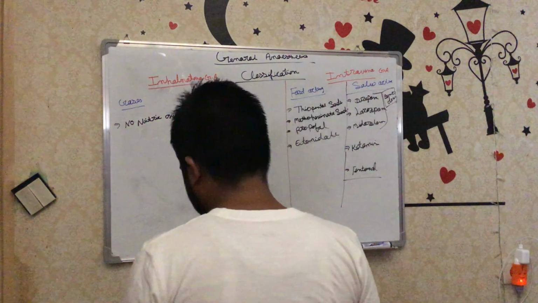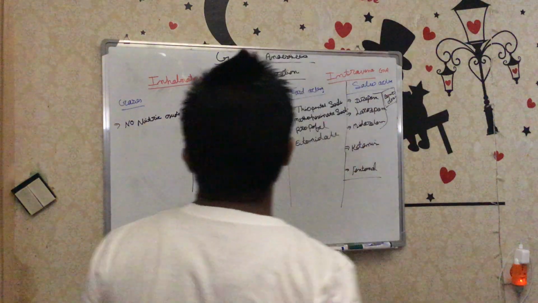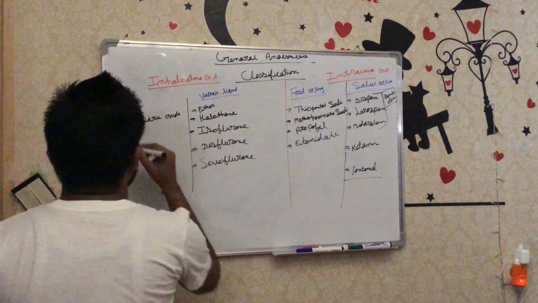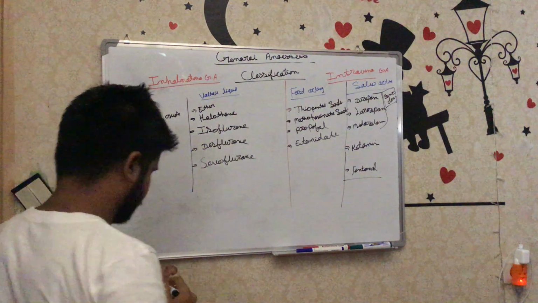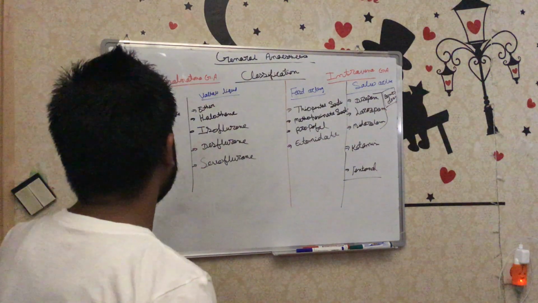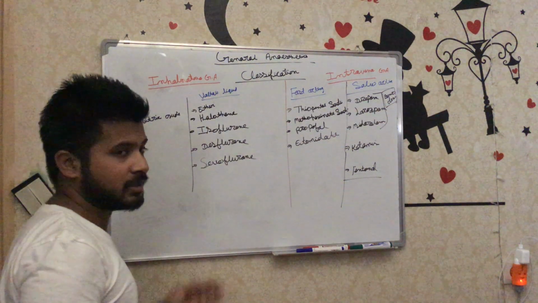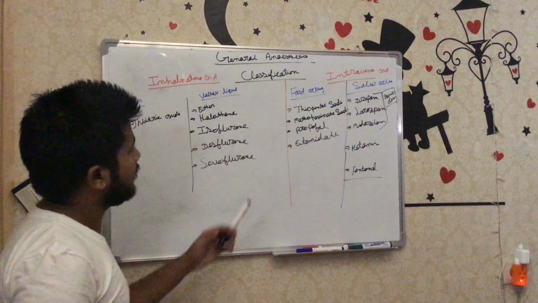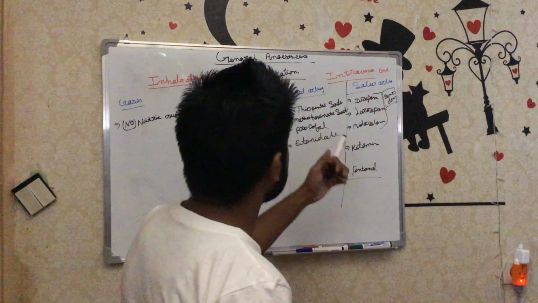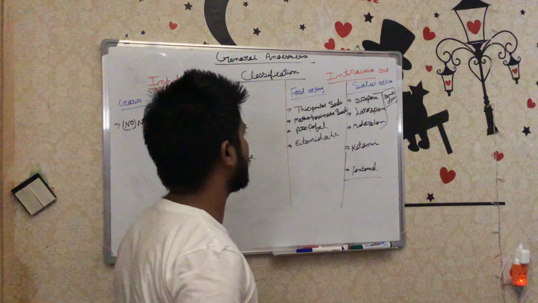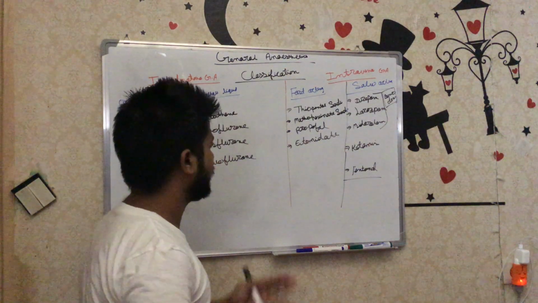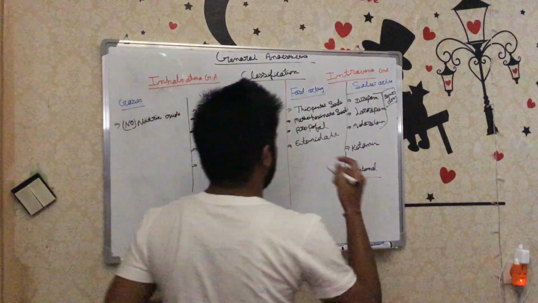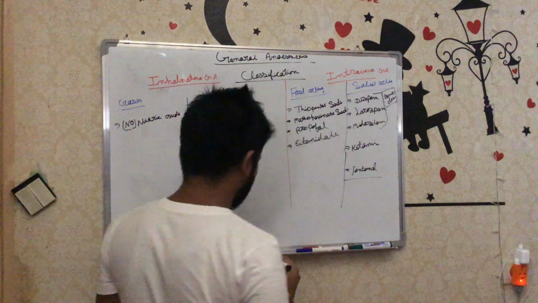Again, we'll repeat the classification. We have inhalational and intravenous. In inhalational, we have gaseous and volatile liquid. Gaseous has nitrous oxide. Volatile has ether, a very popular drug, but nowadays we don't use it. Behind the reason we'll discuss. Halothane, isoflurane, desflurane, sevoflurane. Next, the intravenous. Fast acting and slow acting. In fast acting, we have thiopental sodium, methohexital sodium, propofol, with the spelling p-r-o-p-o-f-o-l, and etomidate.